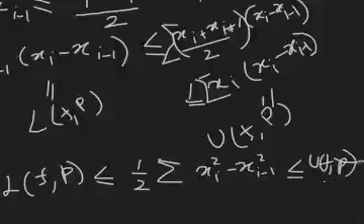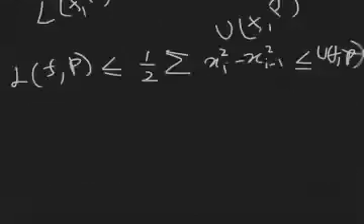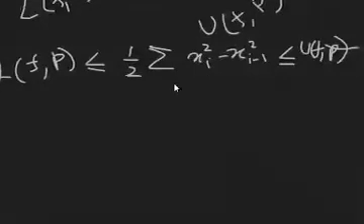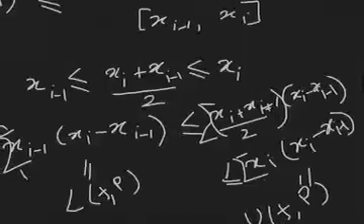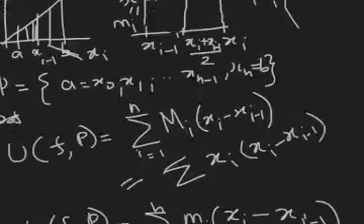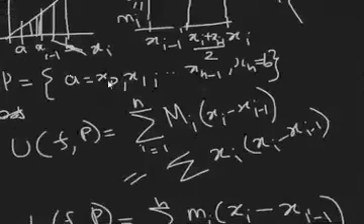When this summation goes from 1 to n, the first term is x_1 squared minus x_0 squared, and remember x_0 is equal to a and x_n is equal to b.